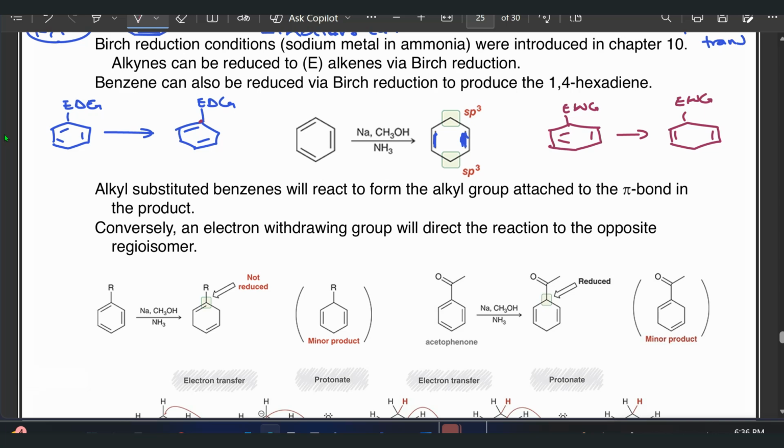Is that a good way to put it? I guess they're one carbon away. The main thing is to know that you have to share a carbon with the EDG here. But the other one, you don't want to share a carbon with the double bonds. That's the main thing.